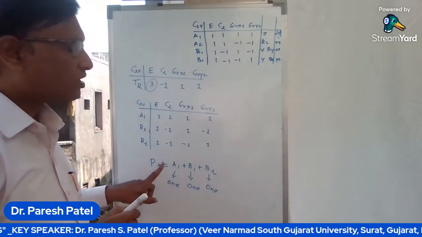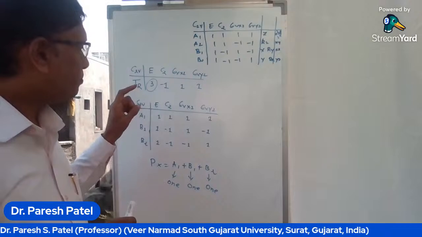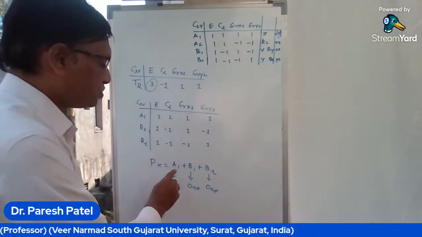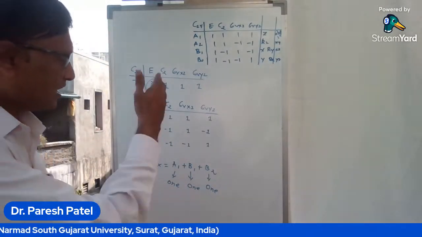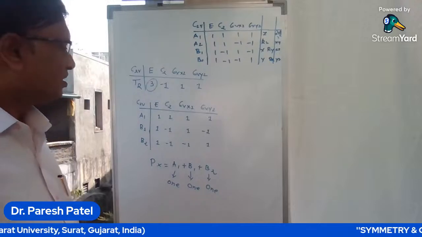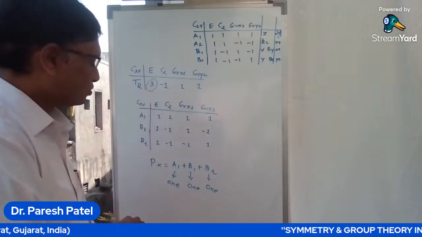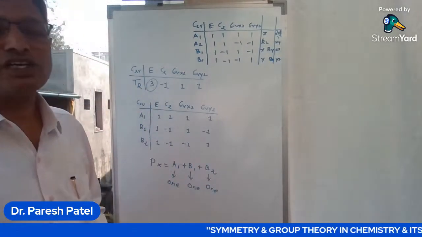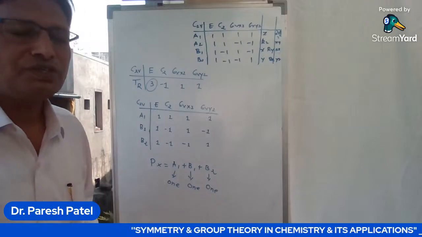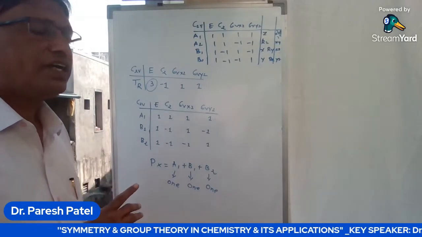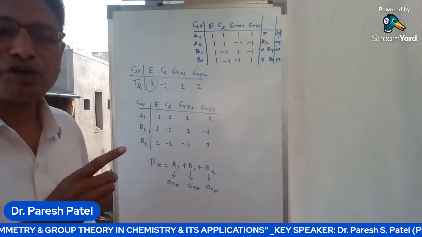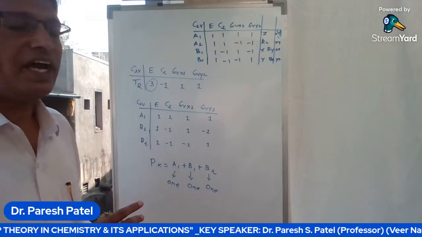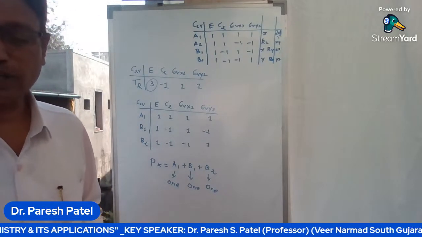And we can predict that p orbital belongs to three different irreducible representations, and this is the confirmation. So dear students, this is the contribution of s orbital, p orbital, and d orbital of the oxygen atom in the water molecule.